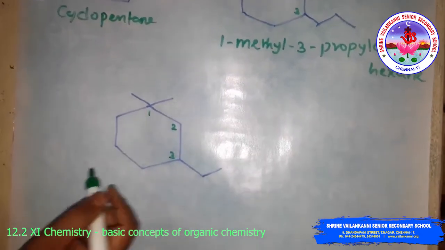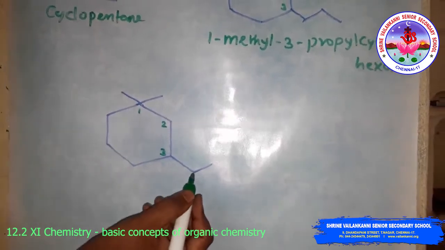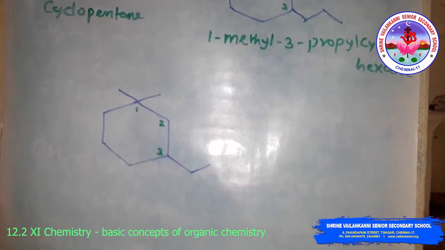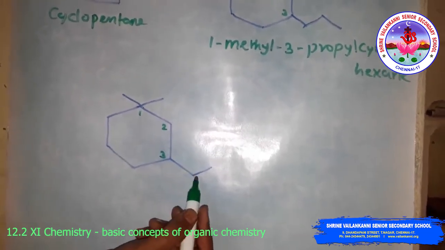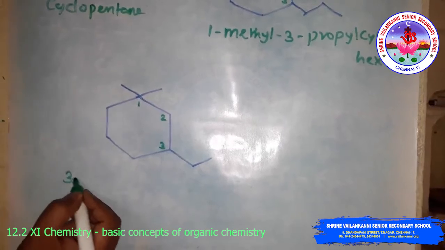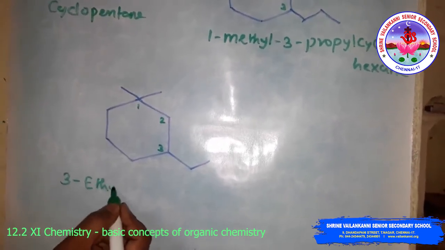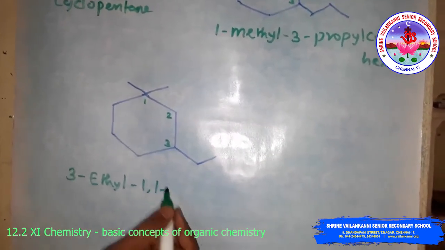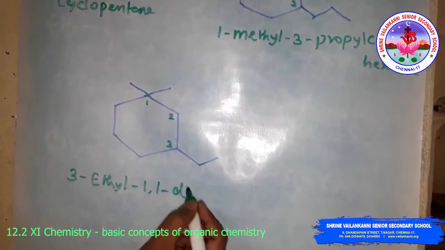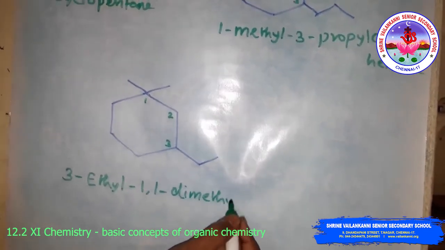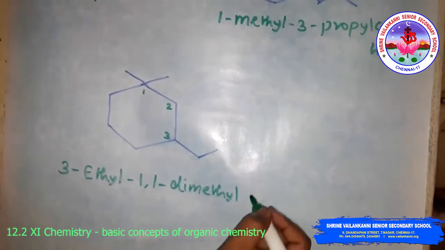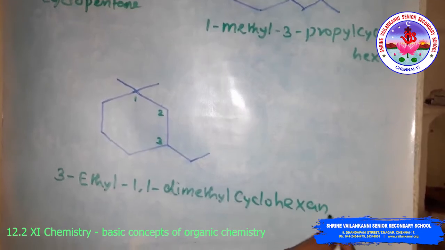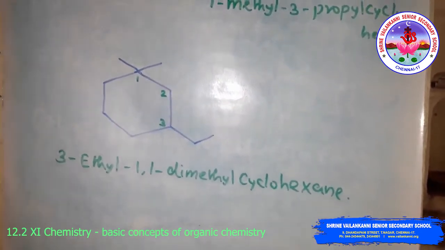So here you have to write that the third position having CH2 CH3, that means ethyl group. Here one methyl and here also one methyl. So third position, alphabetical order wise ethyl is first. So 3 ethyl, third position is ethyl. Then 1,1 dimethyl cyclohexane. Okay, so this is the name.